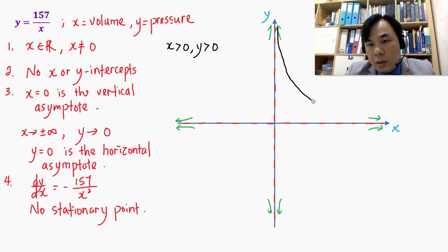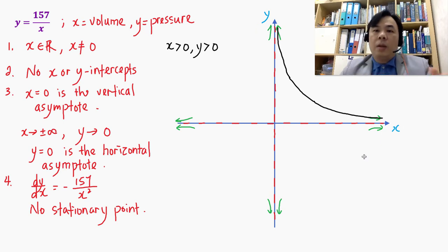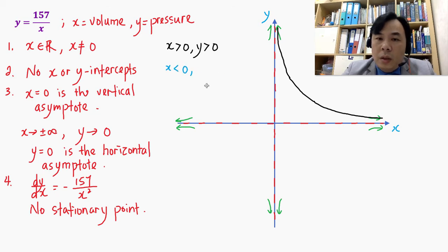So we're going to sketch that down slowly. There's a delay in my software here, please forgive me. That is the first part of the graph. And then for any x value that is less than 0, you will notice that the y is actually less than 0.